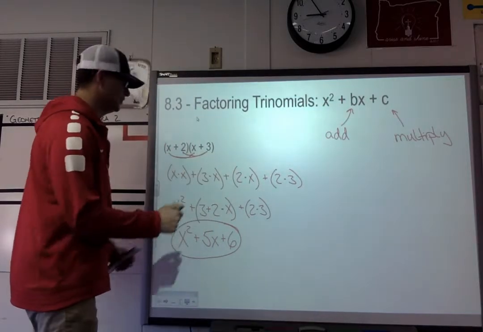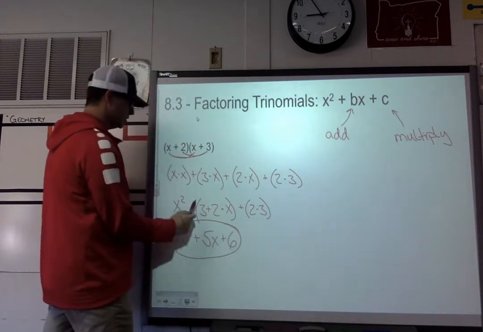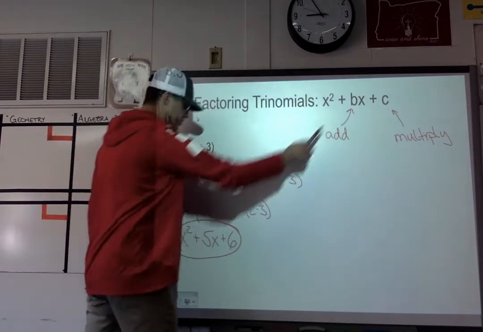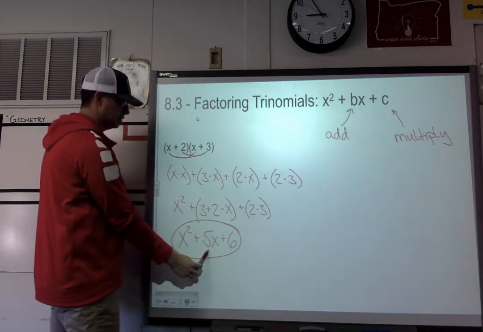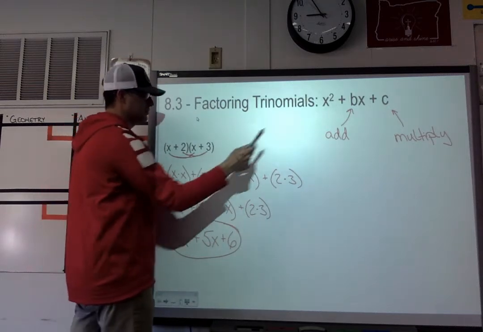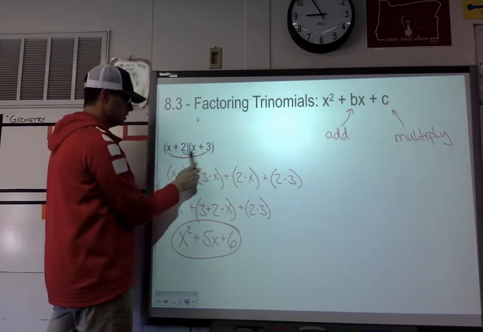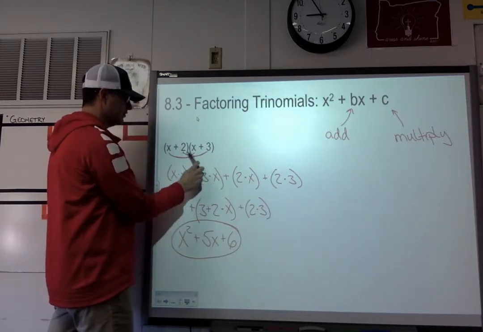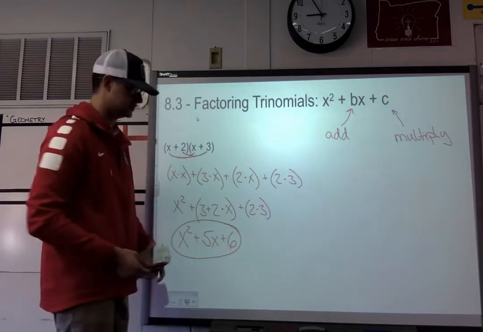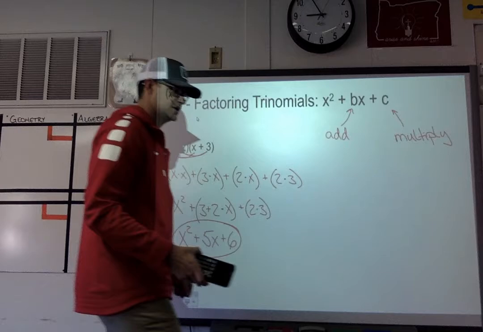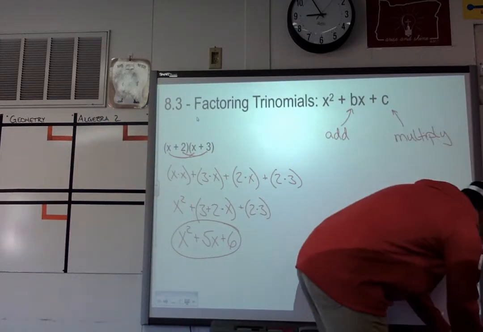So again, if you see here, the two numbers right here, 2 and 3, they add to our middle term of the trinomial, which is 5, and they multiply to the c term of our trinomial, which is 6. 2 and 3, 2 plus 3 is 5, 2 times 3 is 6. So we'll get into some other examples here in just a second.